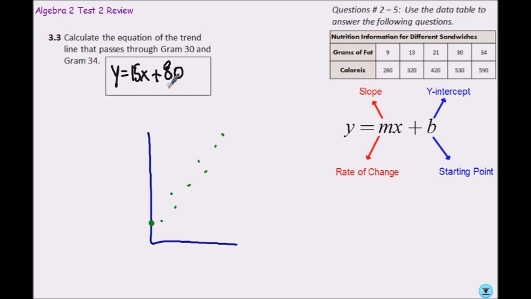So the starting point would be 80, even if it was fat-free, plus then what you're adding is 15 calories for each gram of fat. So that's the rate of change, that it's going up by 15 calories for every gram of fat there. All right, so let's go ahead and stop the video here, and we'll go ahead and move on to number 4.